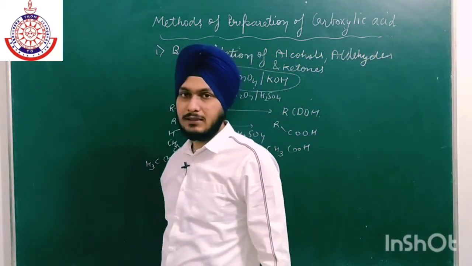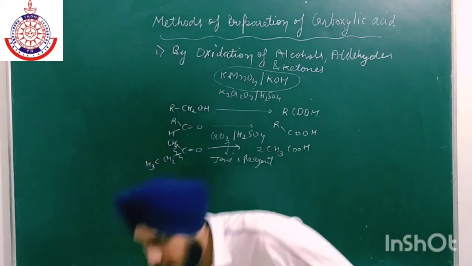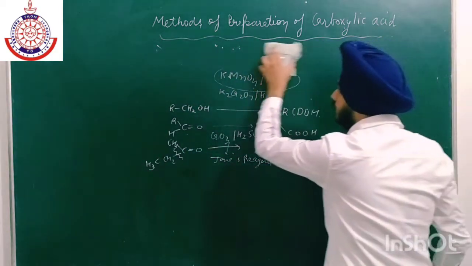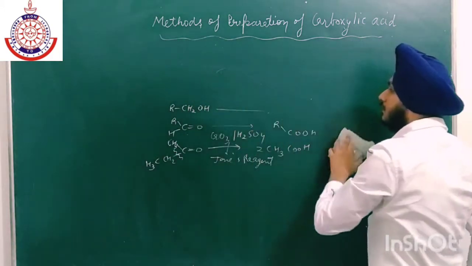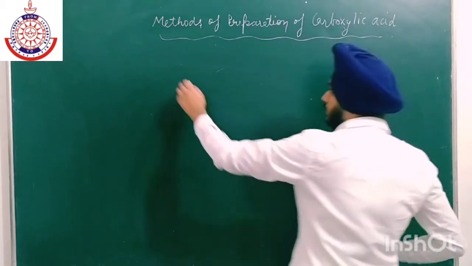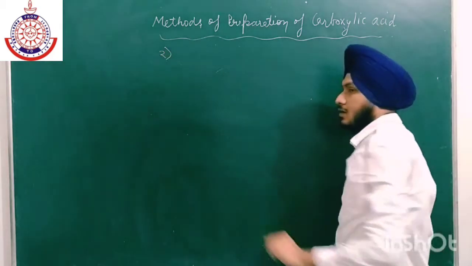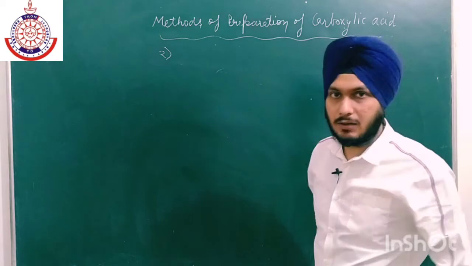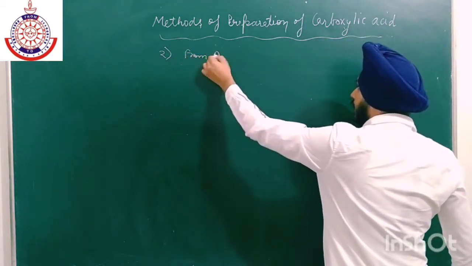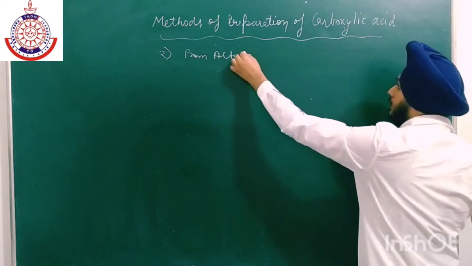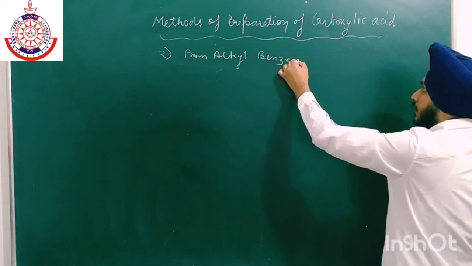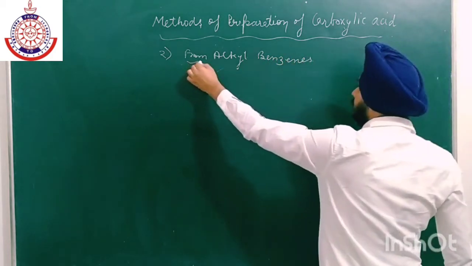Now the second method is the reaction with KMnO4 again. We are again oxidizing. This time we are preparing the aromatic carboxylic acid from alkyl benzenes, or we can also take alkenes.